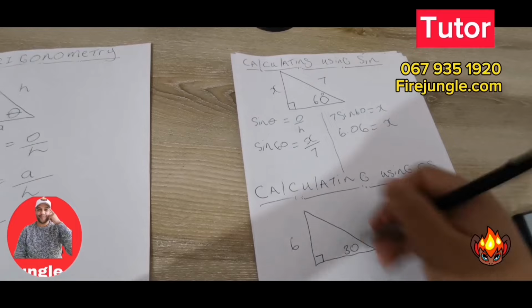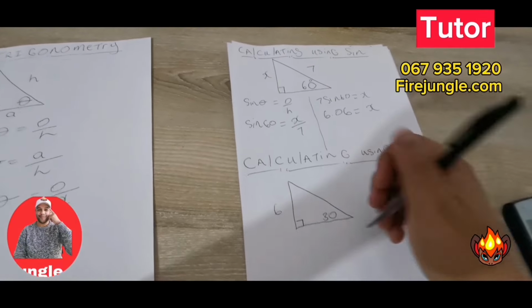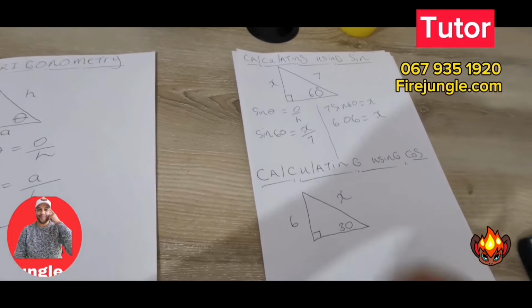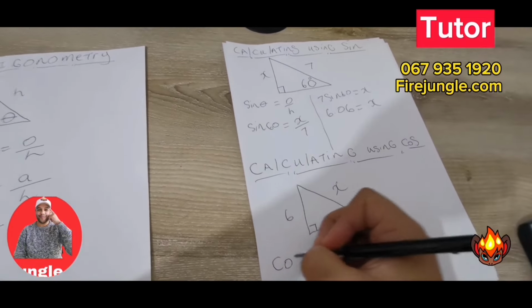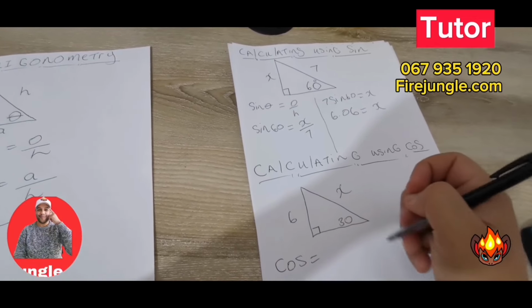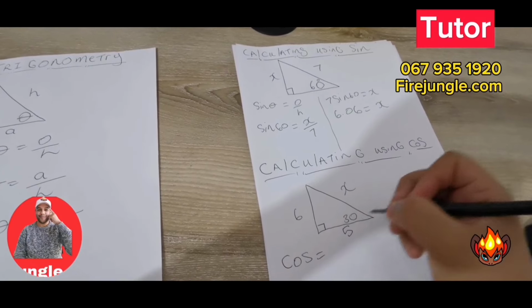Let's say, for example, we would like to calculate this length over here, let's call that length x. I'm using cos theta. Same thing, we said that cos theta is equal to the adjacent side over the hypotenuse. Let's make the adjacent side 5.